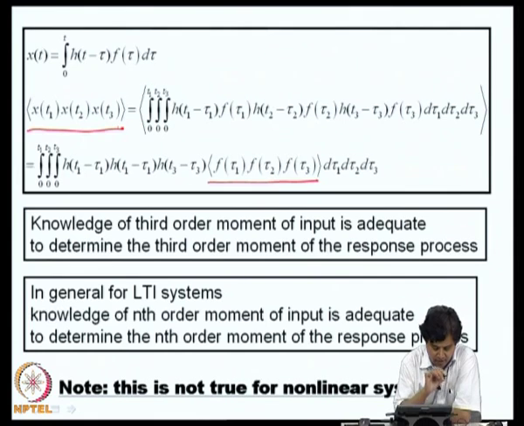These are higher order correlation functions, we can call them by that name. So, knowledge of the third order moment of the input is adequate to determine the third order moment of the response process. You can generalize this and say that for linear time invariant systems, knowledge of the nth order moment of the input is adequate to determine the nth order moment of the response process.